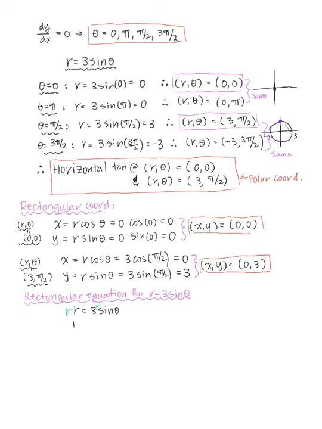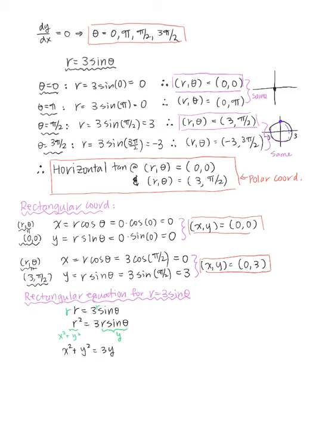Then what we're going to get is r squared equals 3r sine of theta. But remember, r sine of theta, what is that? That is nothing but our y. So this becomes y now. And furthermore, our r squared is x squared plus y squared. So using all of that, we get x squared plus y squared equals 3y.